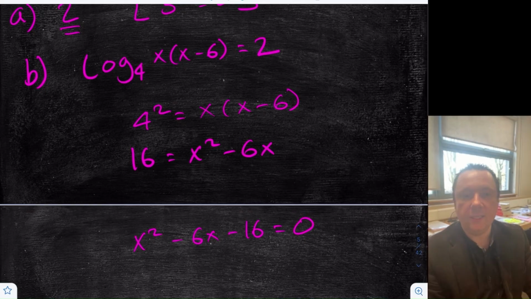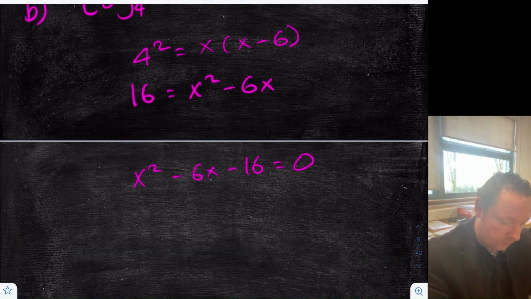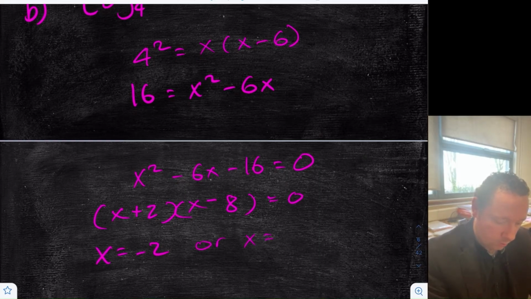So you've got a quadratic to solve. Hopefully that's factorizable. x and x, 8 and 2. Minus 8 plus 2, because minus 8 plus 2 is minus 6. Minus 8 times 2 is minus 16. So that gives me x equal to minus 2 or x equal to 8.